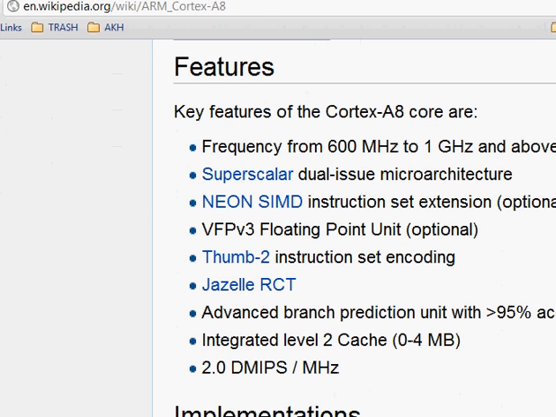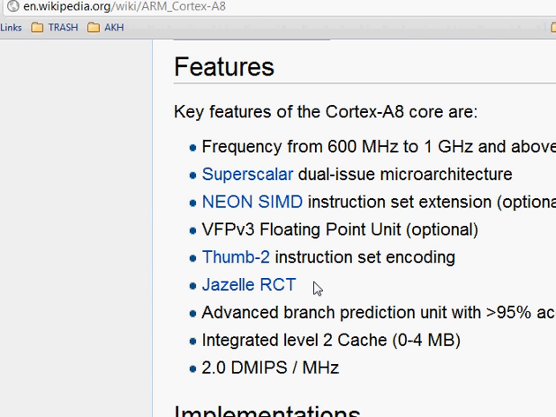Key features of the Cortex A8 core are frequency from 600 MHz to 1 GHz and above, superscalar dual issue microarchitecture, NEON SIMD instruction set extensions, this is optional, VFPv3 floating point unit, this is also optional, and it runs on Thumb-2 instruction set encoding.